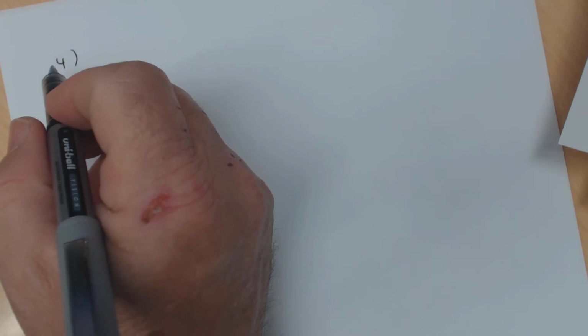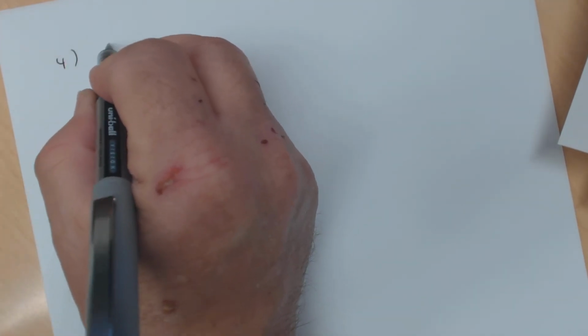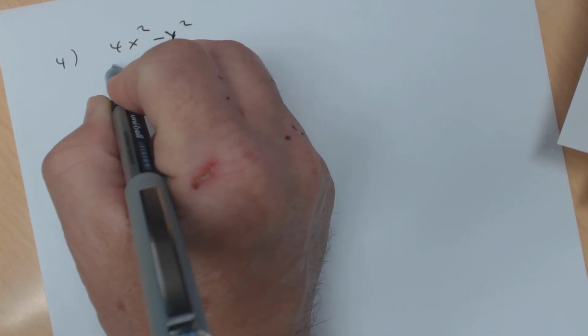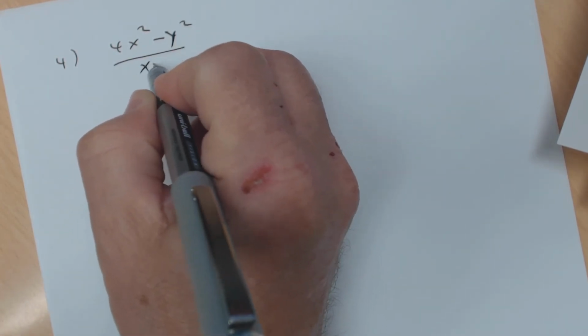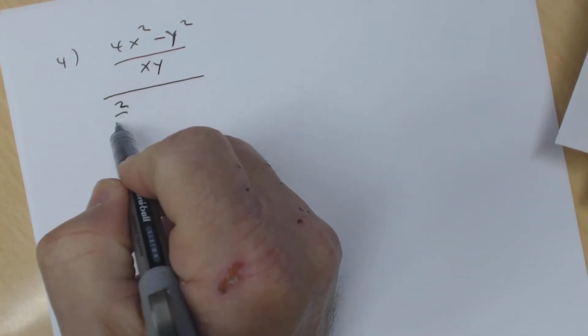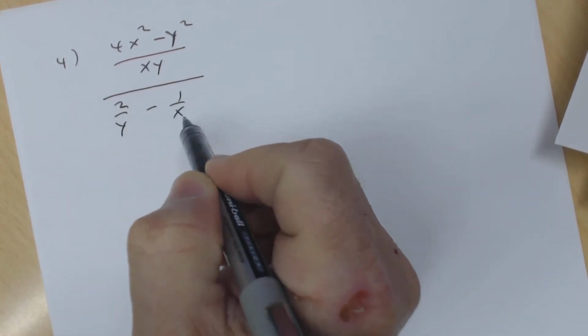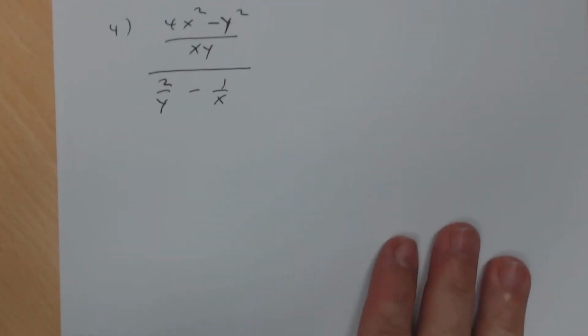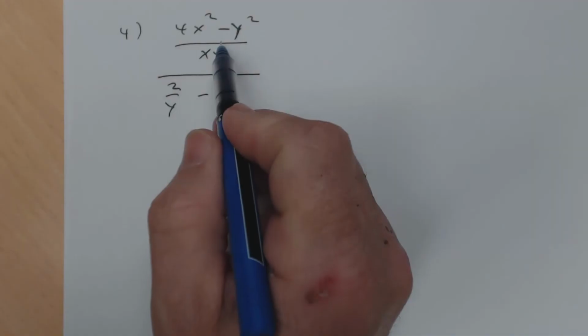Alright, suppose we had 4x squared minus y squared divided by xy, and all of that's being divided by 2 over y minus 1 over x. Okay, now I'm going to circle all the denominators.